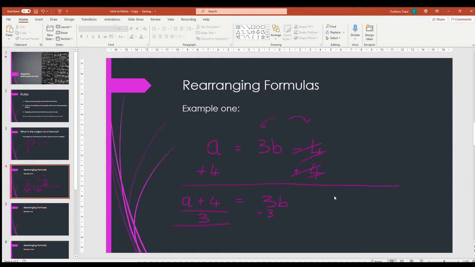And let me write this out again. So now we have a plus 4 divided by 3 equals b. So we do have b on its own. But be careful with the divide. When we do it on this side, we divide the whole side and not just the one term.